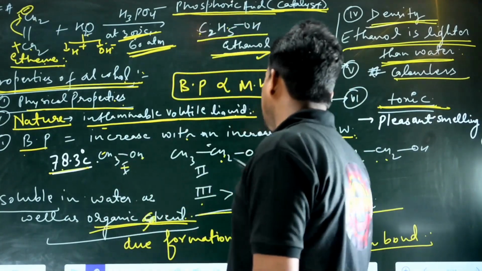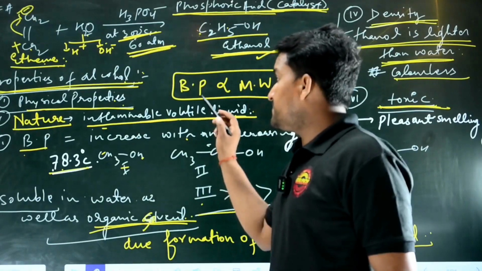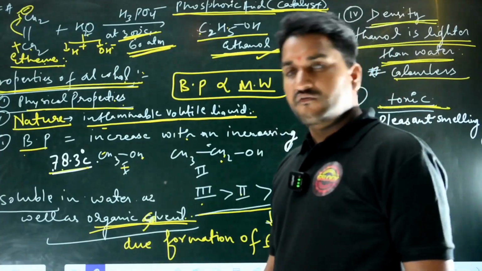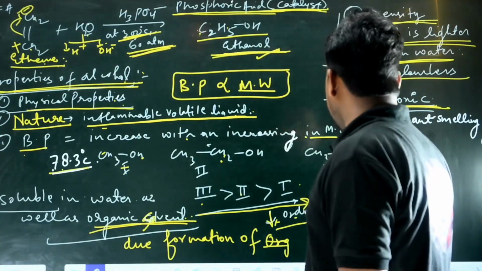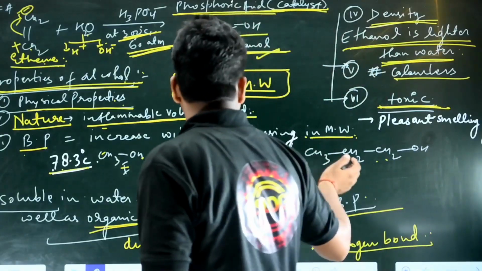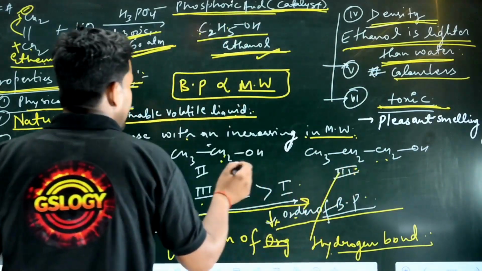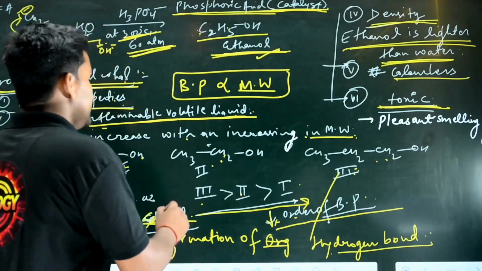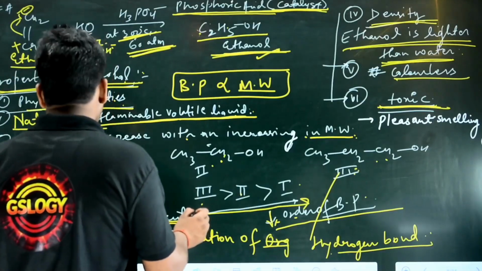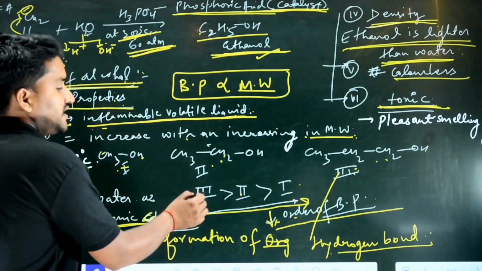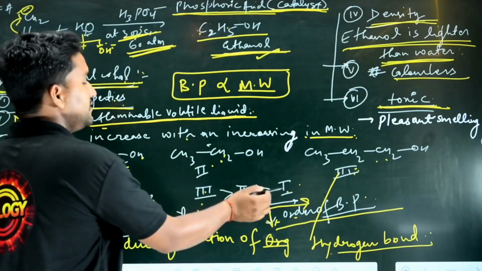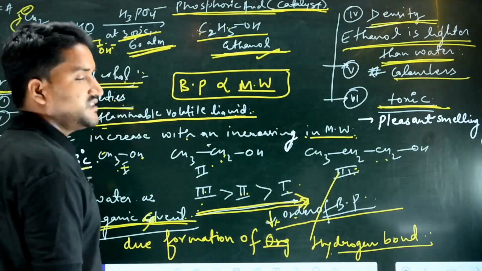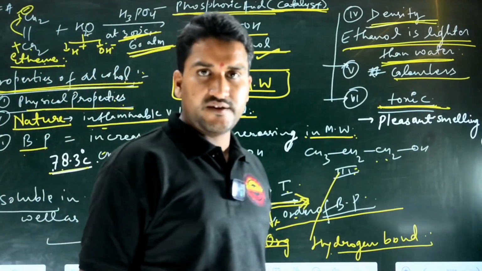BP is directly proportional to molecular weight, and in the third case the molecular weight is more than the second and the first. That's why the BP order is third, second, first. It is the decreasing order of BP. Clear everyone?